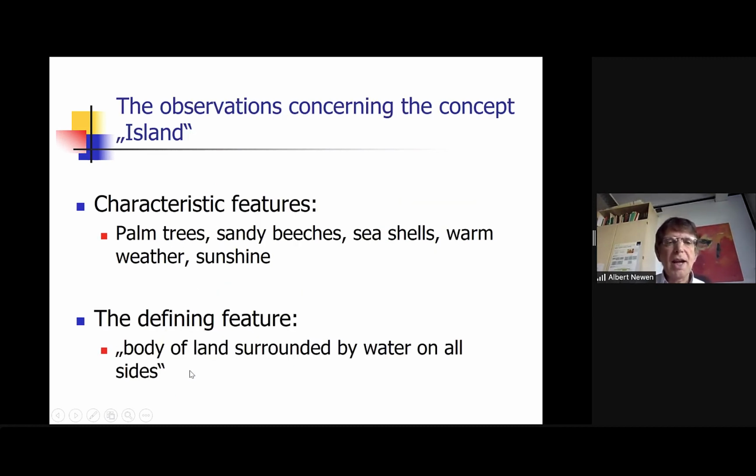And what he could show, taking the term island as an example, is that 3-year-olds understand the term island only as involving some characteristic features: palm trees, sandy beaches, seashells, sunshine, swimming possibility, and nothing involving really the defining feature that there is a body of land surrounded by water on all sides.